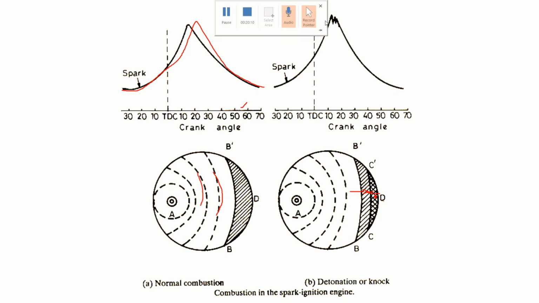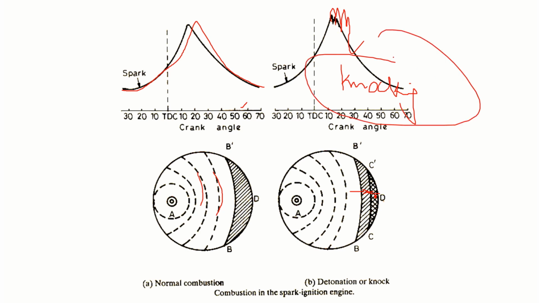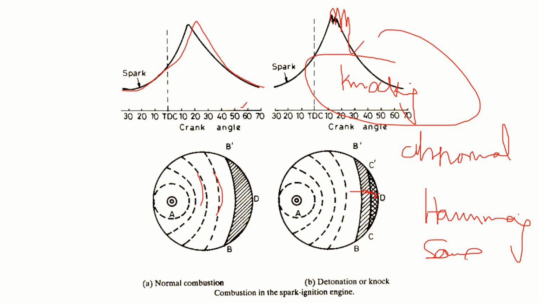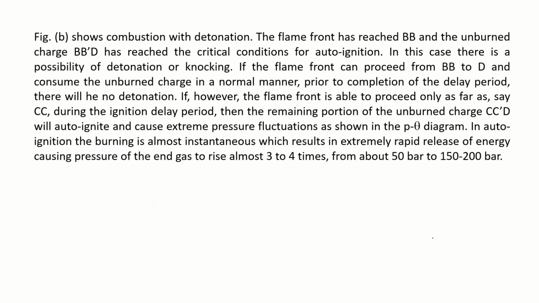There will be a pressure rise so that it will set up a pressure wave. That's what we call knocking. This is what we call abnormal combustion. When the engine is knocking, you'll get a hammering sound.